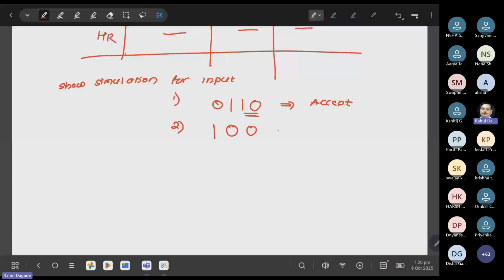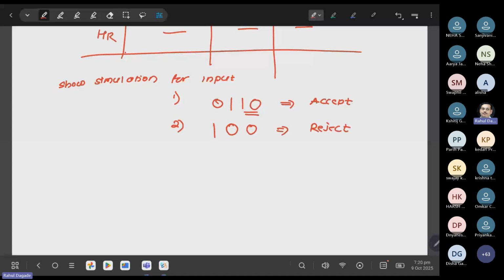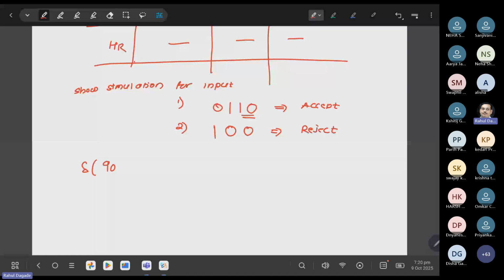Now let us work it out, the Turing machine, whether it is really doing the job. So now we have delta Q0. Input is blank, 0 1 1 0, blank, and here this is a pointer.